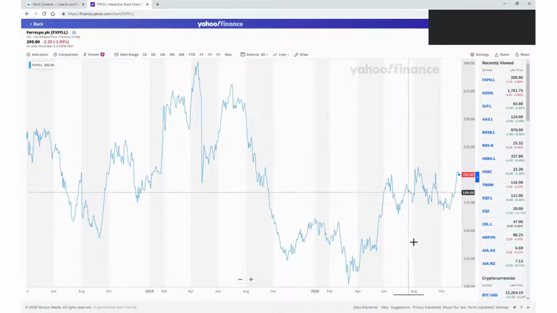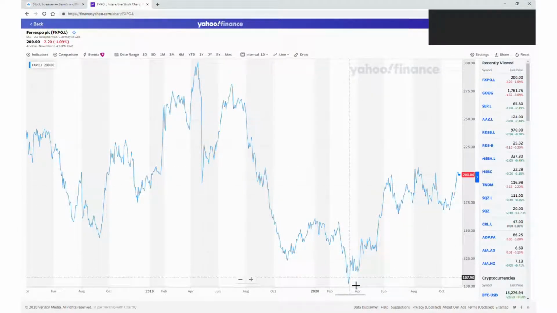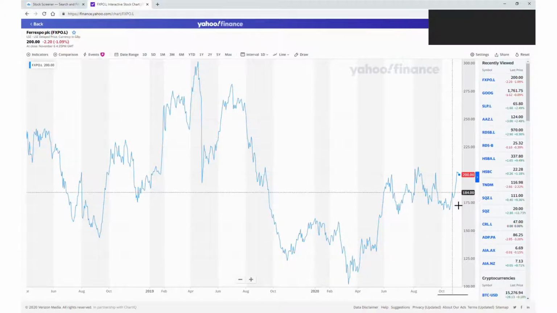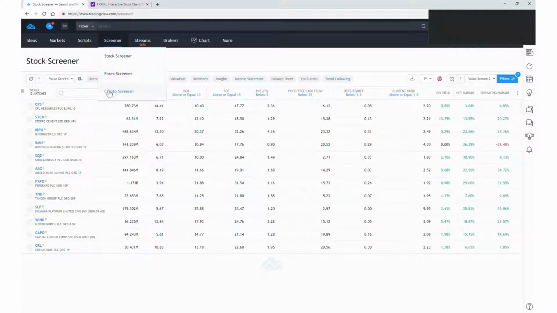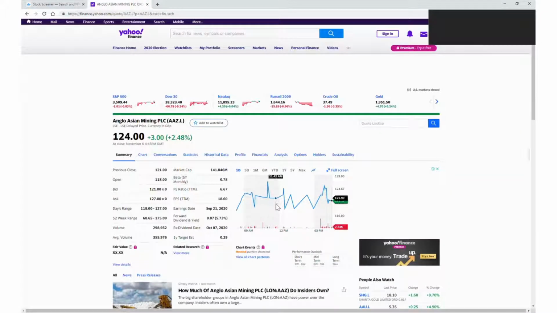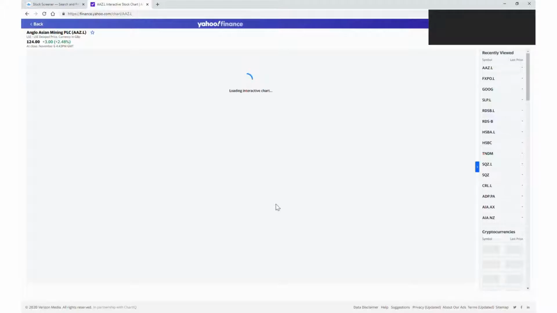And this is an indication of value stocks. They do not remain value stocks for long, so you've got to identify the value and invest before the share price goes up.